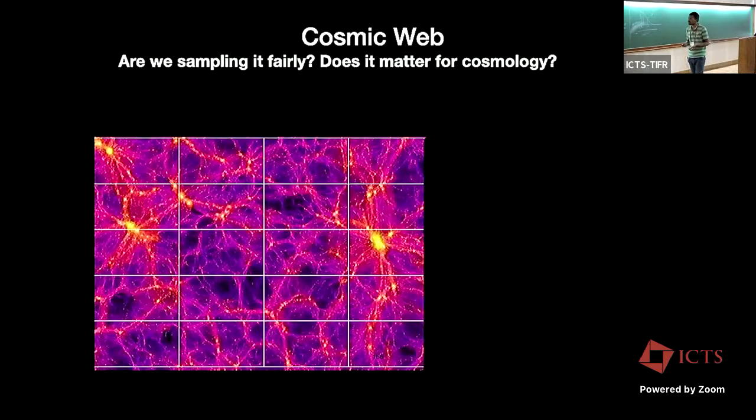So if I want to try to test that, one of the things I could do is divide this region of space into qualitatively different categories. Particularly, what we are interested in is figuring out the tidal field and the impact of the tidal field on the galaxies you are seeing and the properties of these galaxies. So you can try to estimate the tidal field.